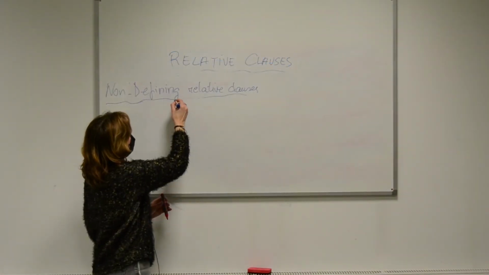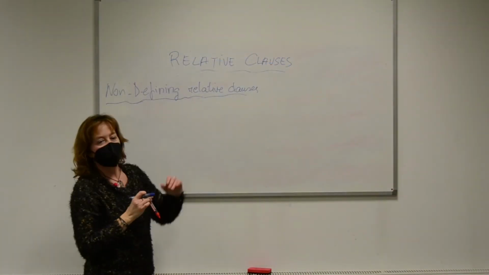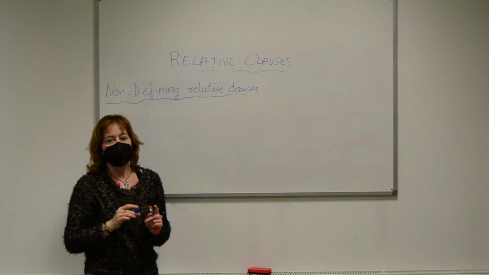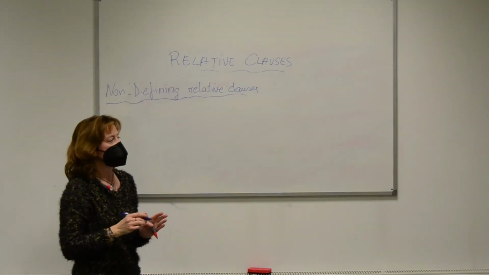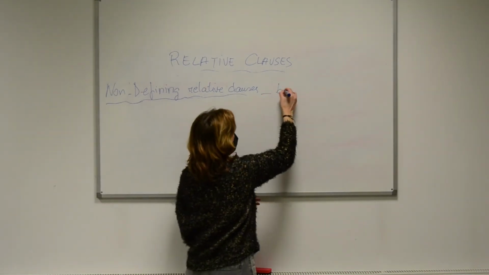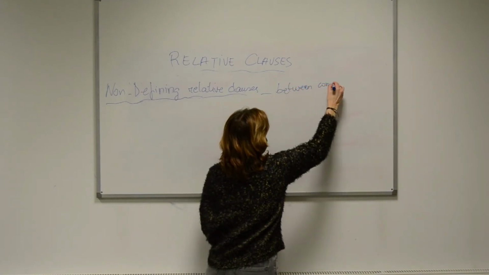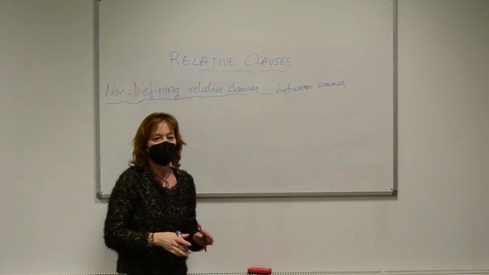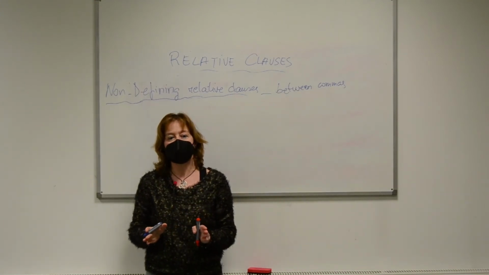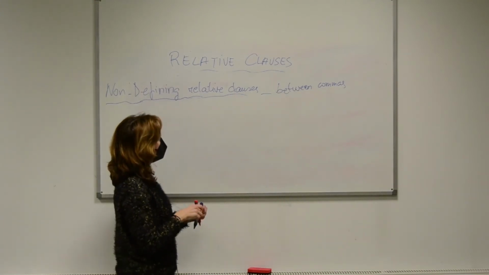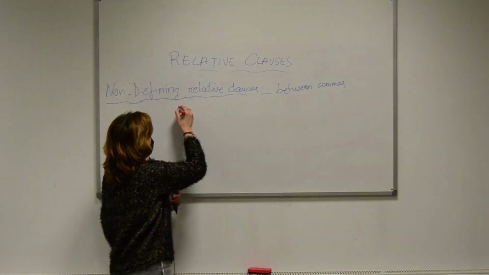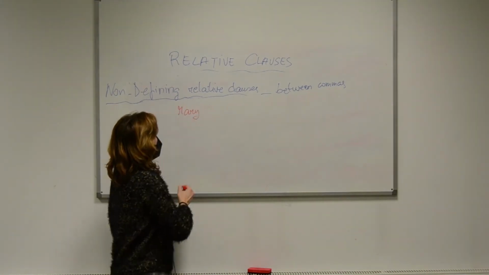Now we are going to go with non-defining relative clauses. These non-defining relative clauses are usually placed between commas. In this case, the information of the relative clause is not necessary to understand the sentence. For example, Mary, who is 16 years, lives in London.